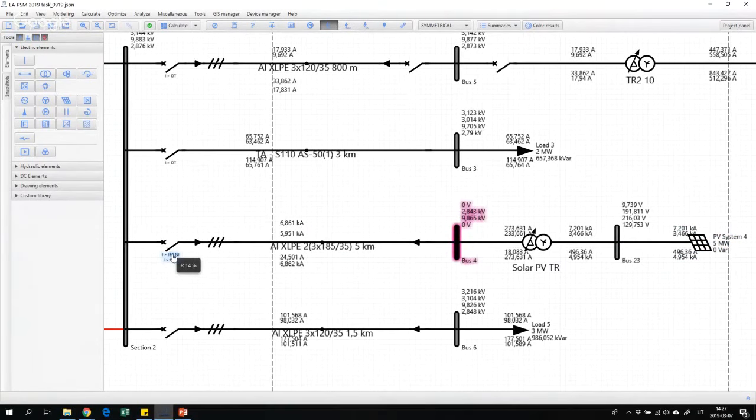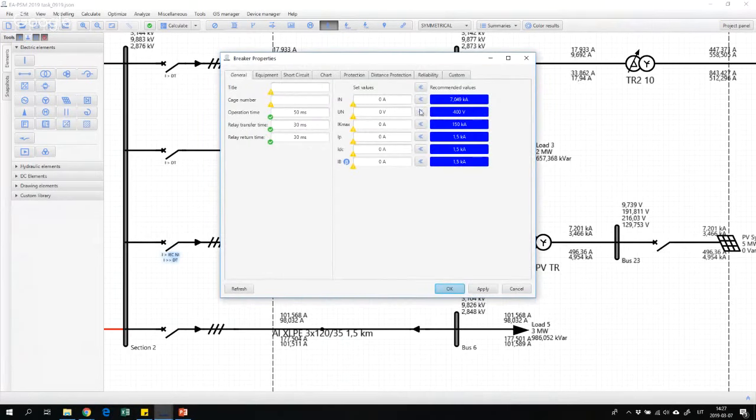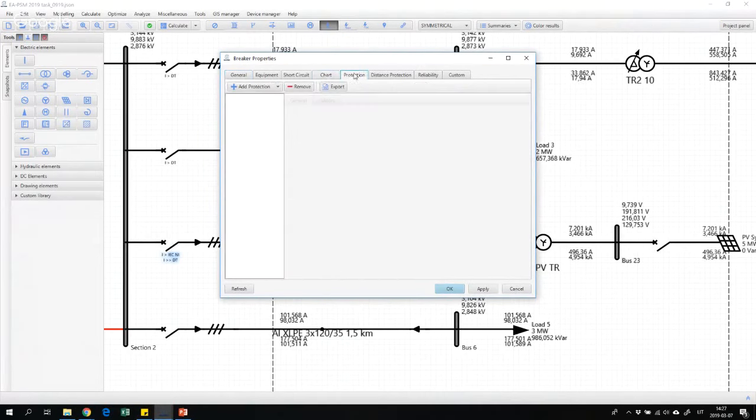Now we worked with overcurrent protection devices. However, a solar power plant, in order to work properly, also has one more breaker near the solar power plant itself. In this particular breaker, we need to have voltage protection devices.